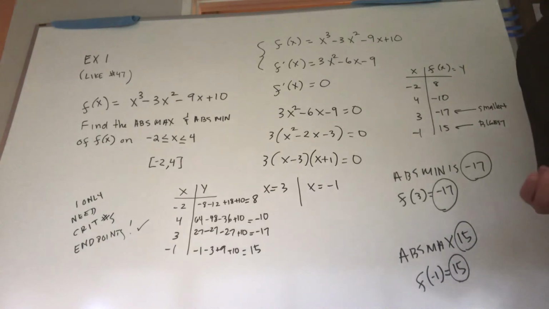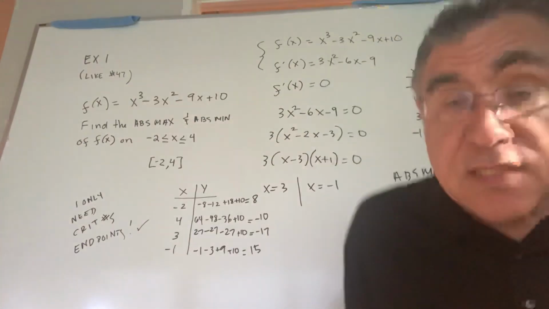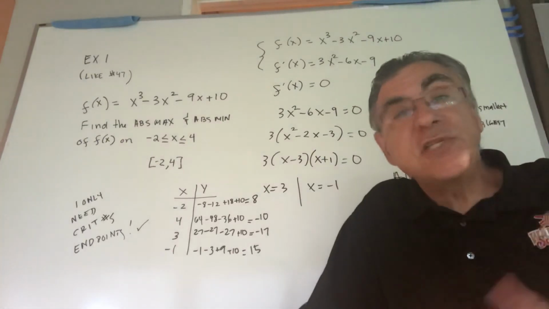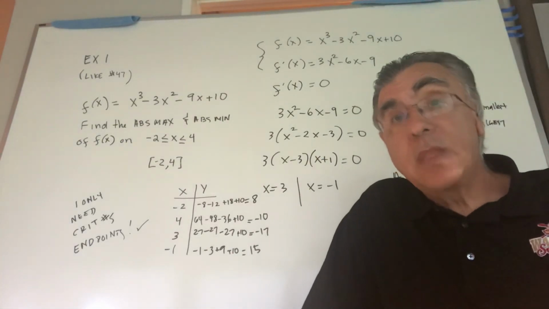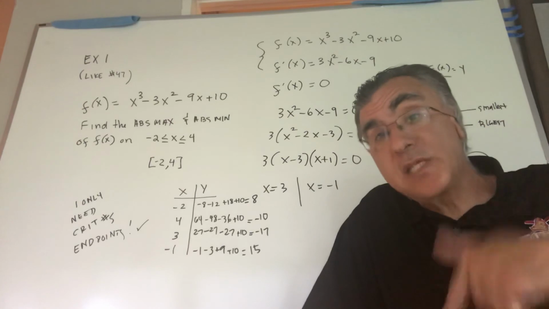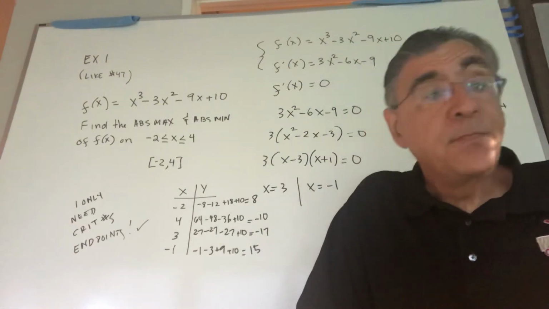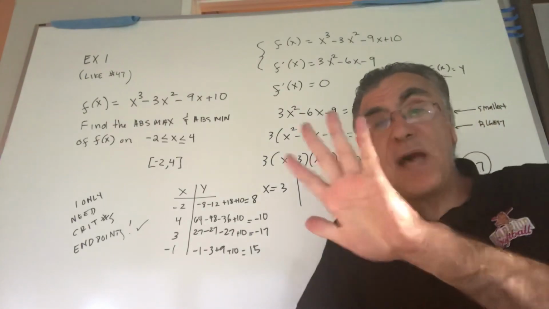Notice we don't have to graph it to answer the question. This is an example of number 47 in your homework. Remember, the first 3 are just critical numbers. After I put this one up, I'm going to put up the next one, like 54, which will be the last question. You'll have 5 questions in your homework.